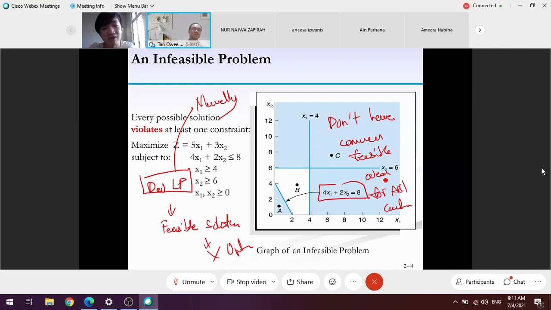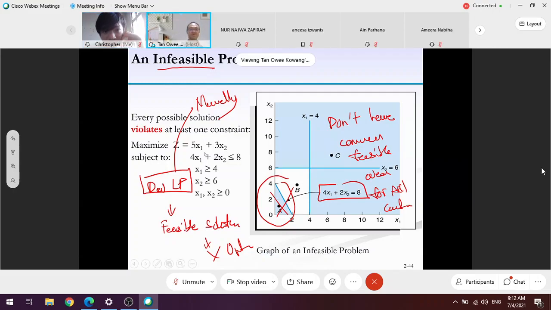This is what we call a linear programming with an infeasible solution. There's no solution for that. So you have to change the constraint. You have to find a way to overcome this constraint, make it no more a constraint. Only then can you proceed. Is it clear? Chris, is it clear?